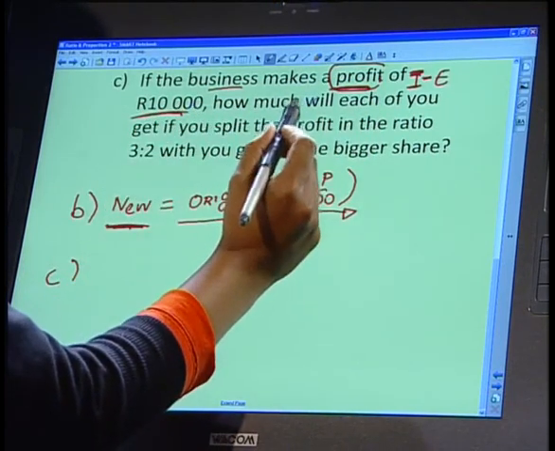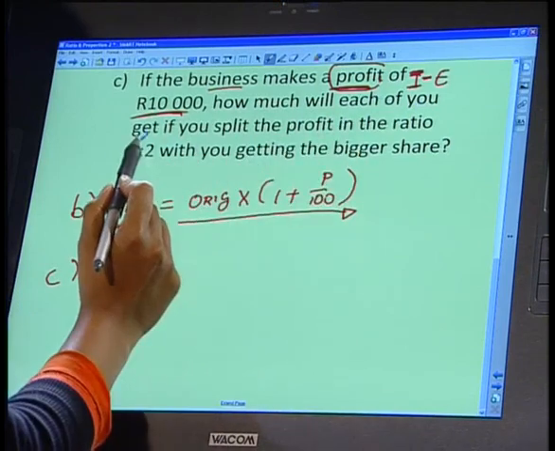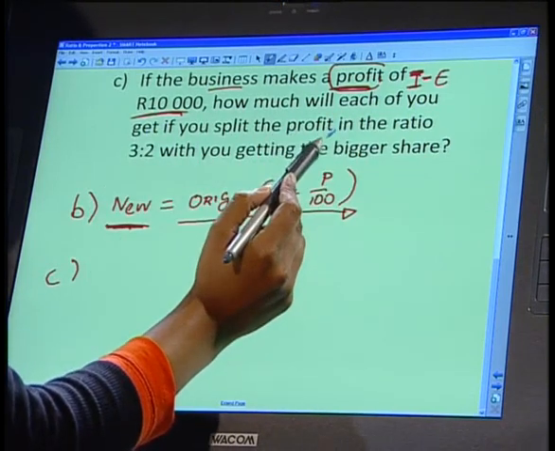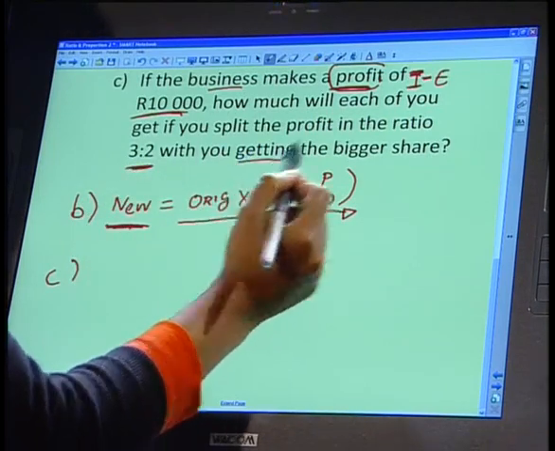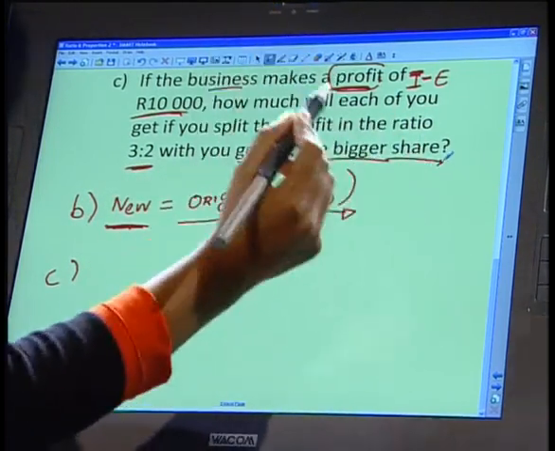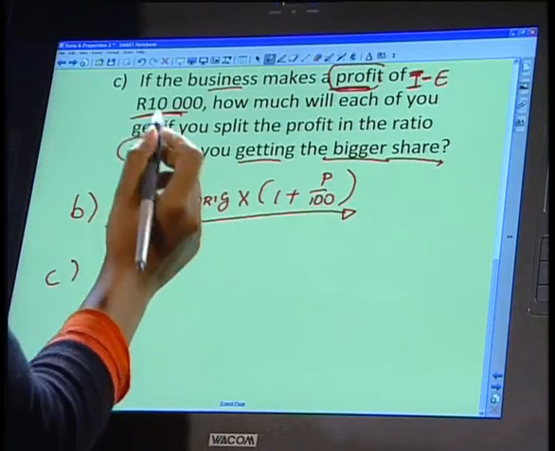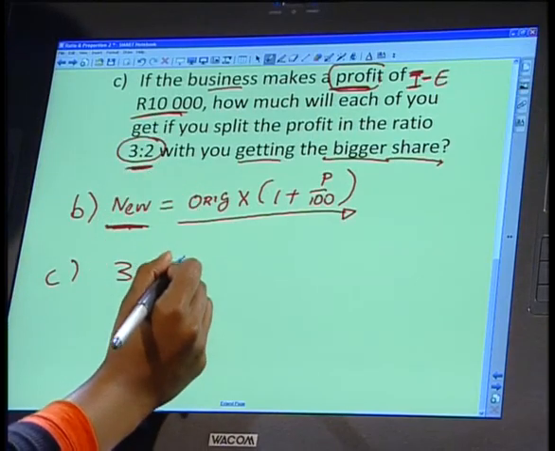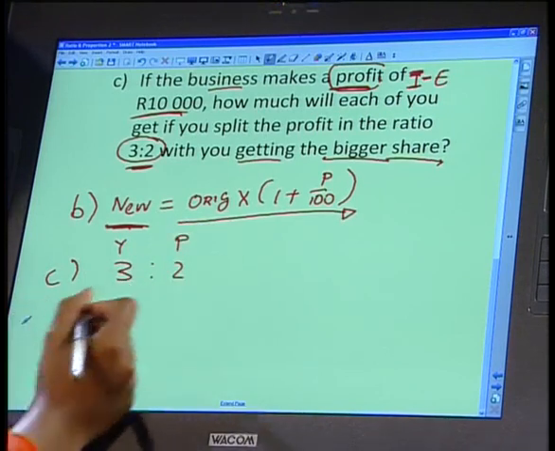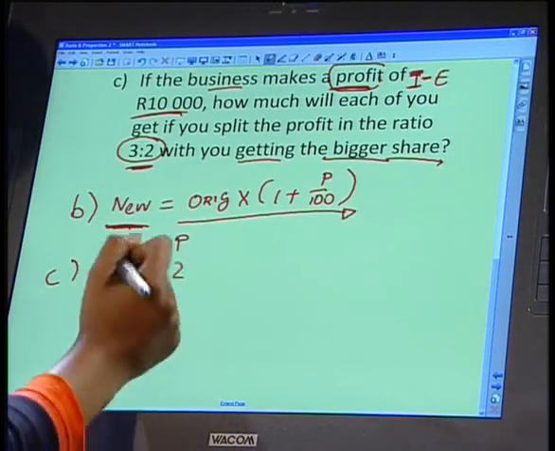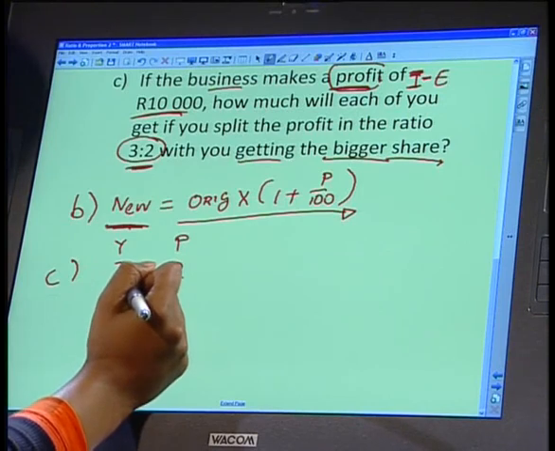And they want to know how much will each of you get if you split the profit in the ratio of 3:2, with you getting the bigger share. So what they're really saying to you is, in this ratio, it's divided in the form of your share and then your partner's share, because you get the bigger part of this share of money.